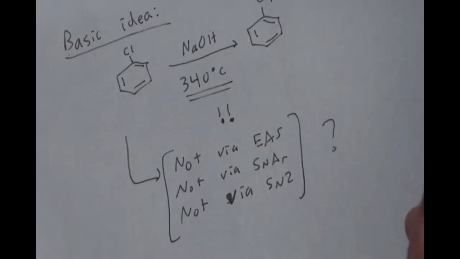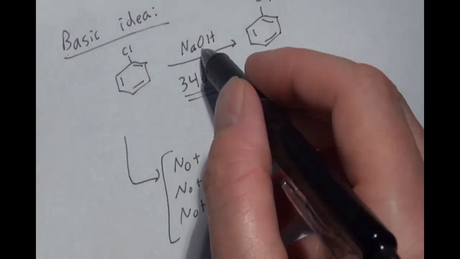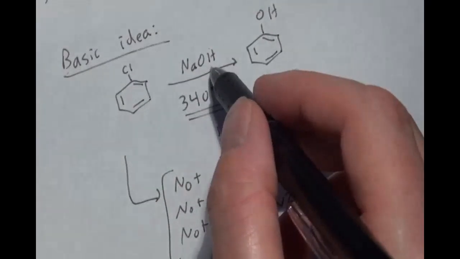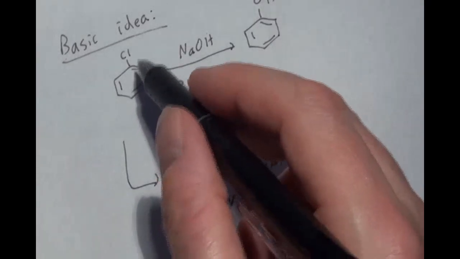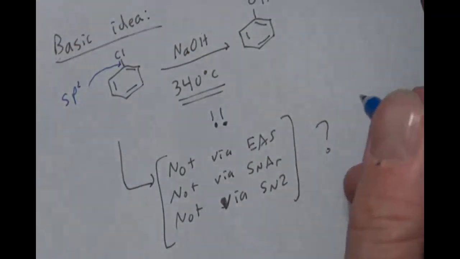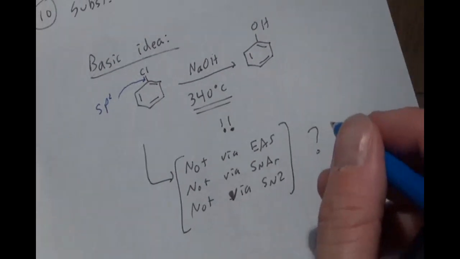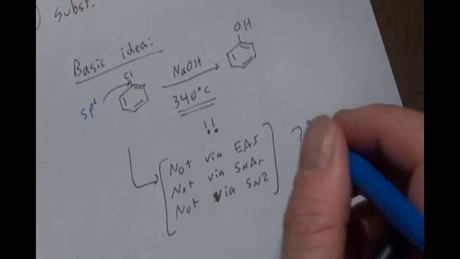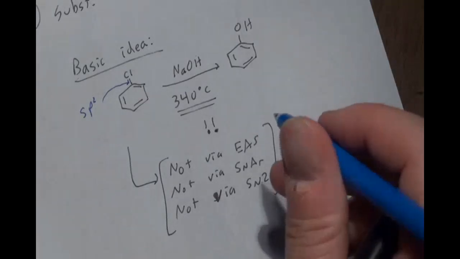It's not going to be SN2 because you can't do a nucleophilic SN2 reaction on an sp2 center, right? This is an sp2 hybridized carbon. SN2 requires a tetrahedral hybridized carbon. Okay, so something's pretty weird.